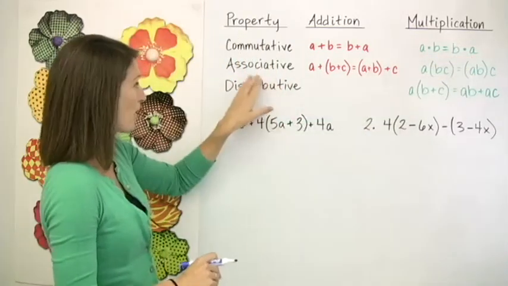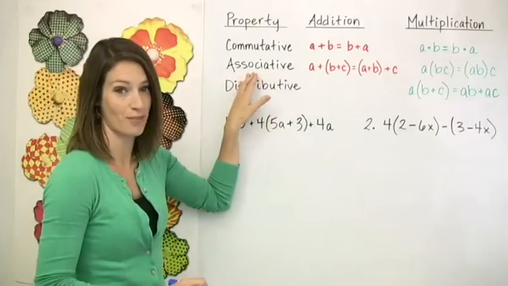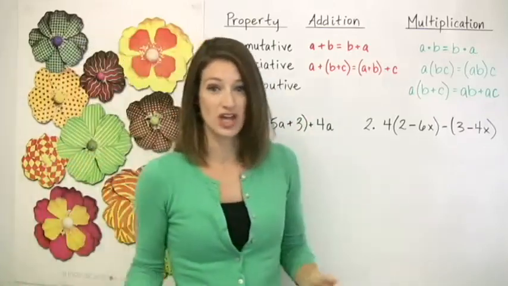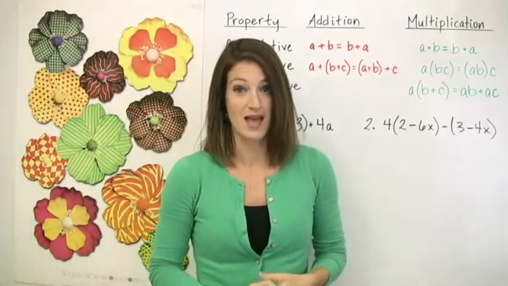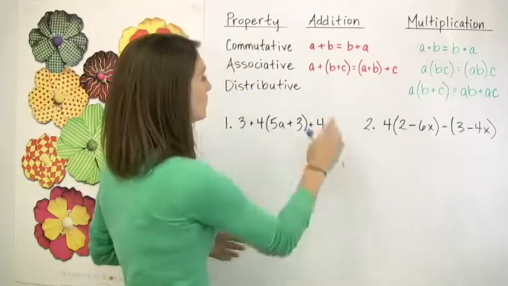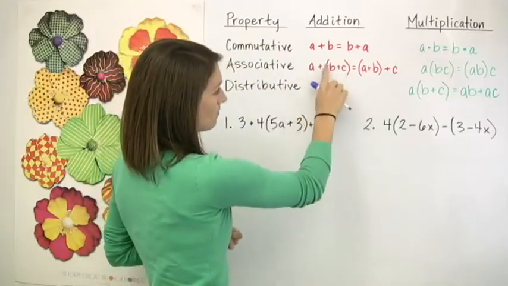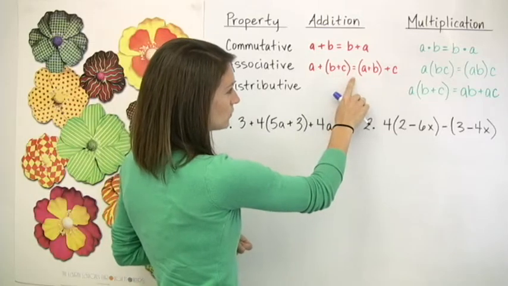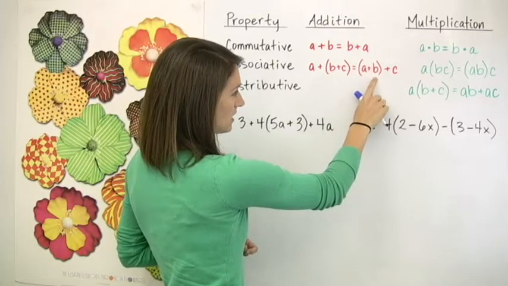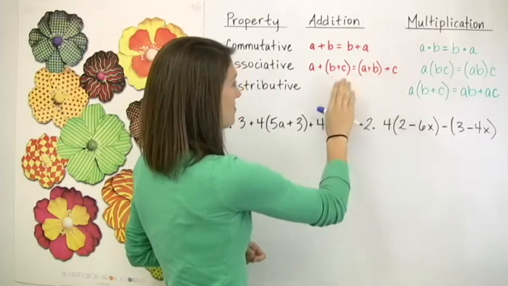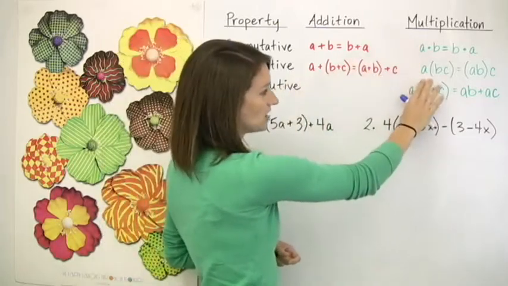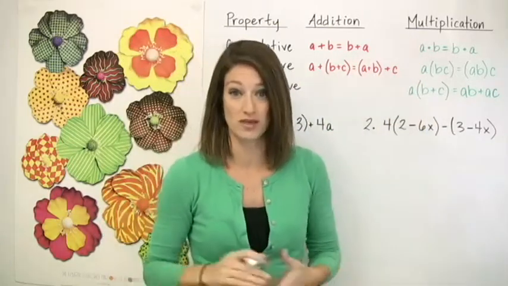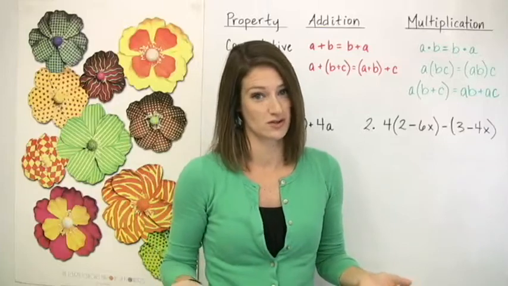Now our second property here is called the associative property, and this says that you can change the grouping within a sum and not change the result. So we have A plus the sum B plus C is equal to the sum A plus B plus C. And then the associative property for multiplication says that you can change the grouping within a product and not change the result as well.